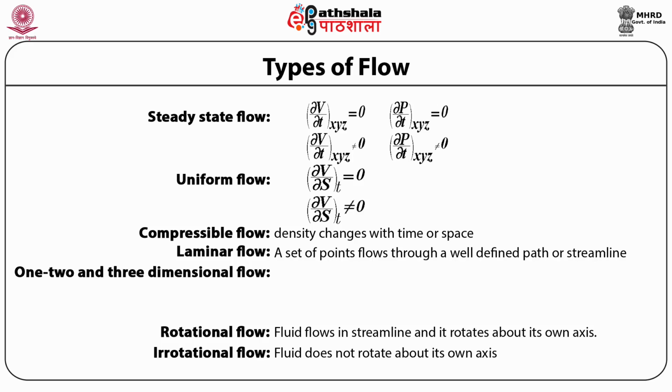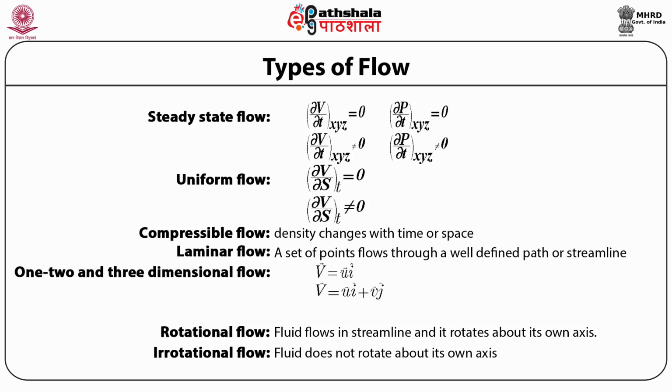So it is represented as V is equal to Ui, that is the velocity component in x direction is taken care of here. Two-dimensional means the velocity with two components in x and y direction, that is u and v.